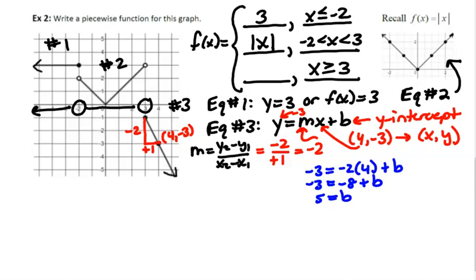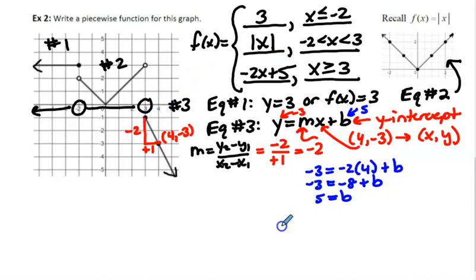So the y-intercept is 5. If I know b is 5 and I know m is negative 2, I have the equation negative 2x plus 5. I can double check my equation by substituting another point in. So I have the point 3, negative 1. If I put 3 for x, 3 times negative 2 is negative 6, plus 5 is negative 1.